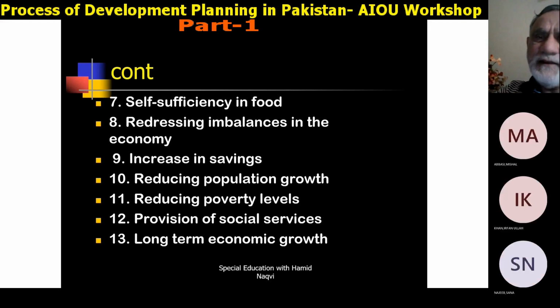So economic planning is important, and economic planning would help in self-sufficiency of food. Then we have redressing imbalances in the economy. In the economy, the growth which is taking place in different sectors may not be balanced. So we want to plan so that there's a planned growth of the economy.